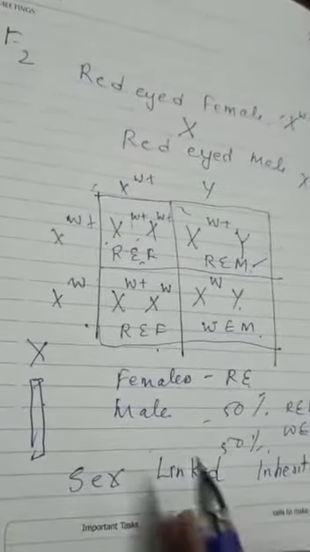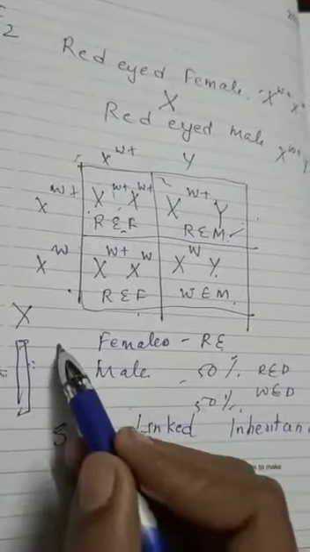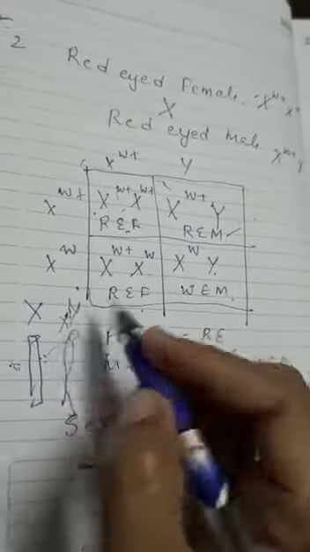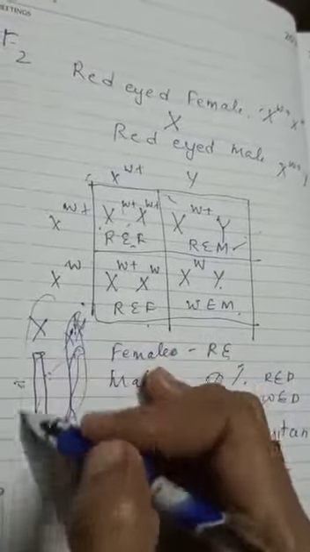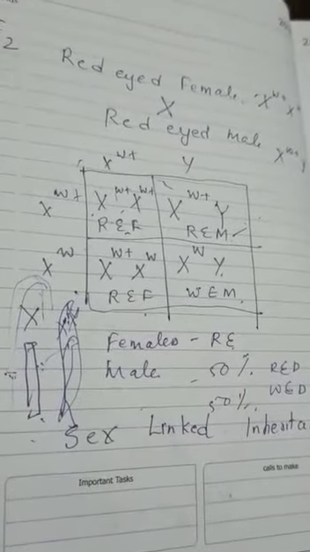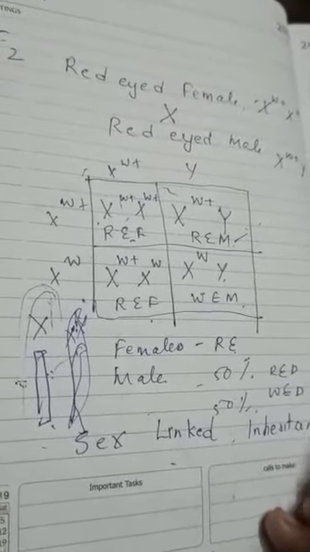What is that? The genes located on the X chromosome for which there is no corresponding allele on the Y chromosome. So only the X chromosome decides the character of the progeny. So this is called sex linked inheritance.